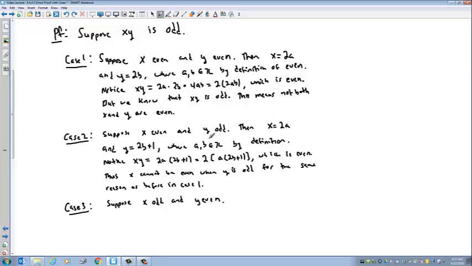Right? There's really no difference between x and y in some sense. So we can say, but this cannot happen by case 2.